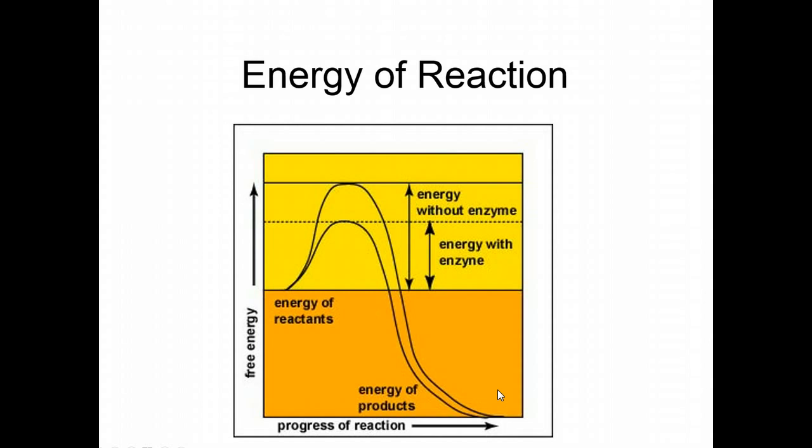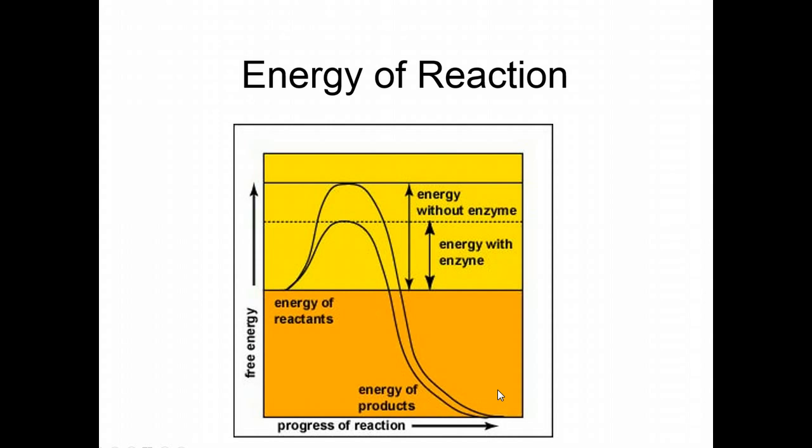Well, in reality, there are a lot of reactions that are not going to occur unless there are one or more enzymes involved. So if we look at that top peak, we're looking at the left is free energy, and at the bottom is progress of reaction. You need to write this down. Do not confuse this with a V versus S graph, which we've not talked about yet. Okay? We'll talk about that in a bit.